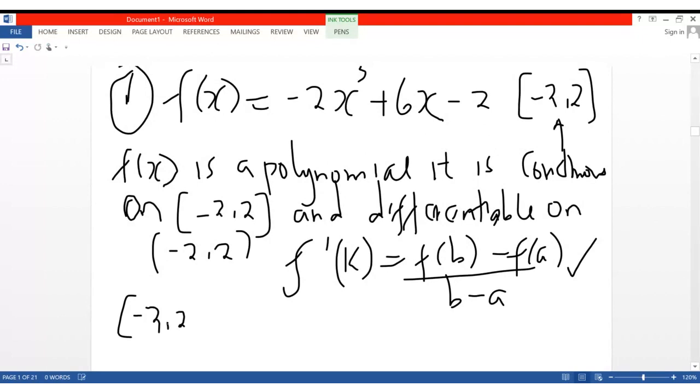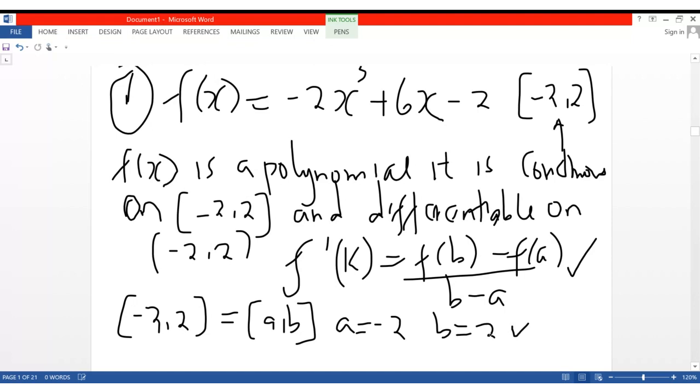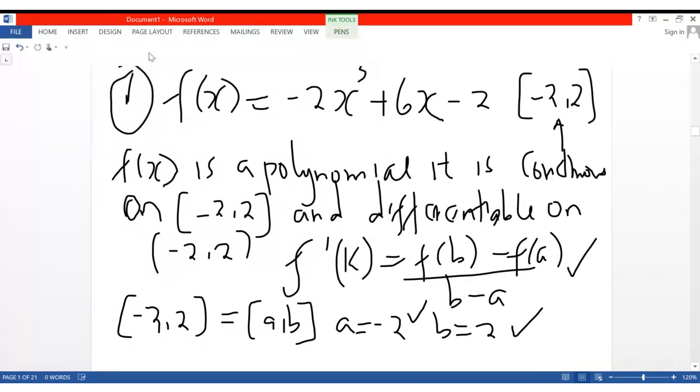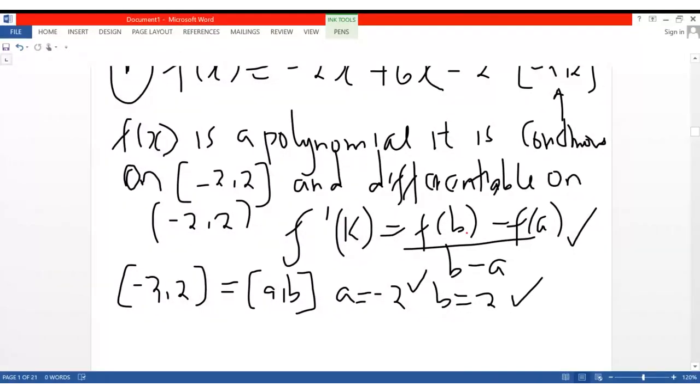So it means that our A is -2 and our B is 2. Our A is always on the extreme left and our B on the right. Now, according to the formula, we need first of all to find f of B and f of A. How do you find that?